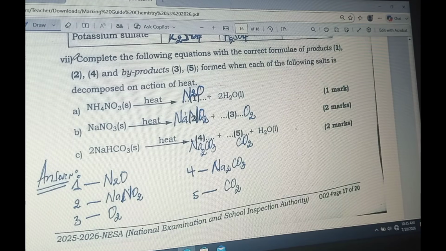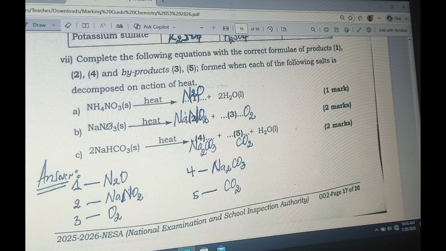VII. Complete the following equations with the correct formula of product A and byproduct formed when each of the following salts is decomposed by the action of heat. A. Ammonium nitrate. In the presence of heat, we get nitrogen oxide and water.